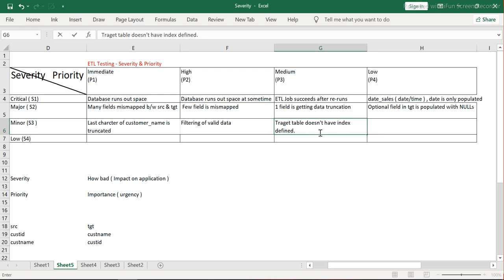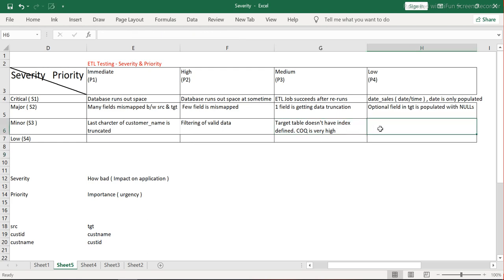So let's say we do not have an index defined on the target table, and we find that the cost of the query is very high. In that case, we can define that as minor and medium, because it is not breaking anything, it is just slow. Loading is happening slowly, which means the job is slow, guys.